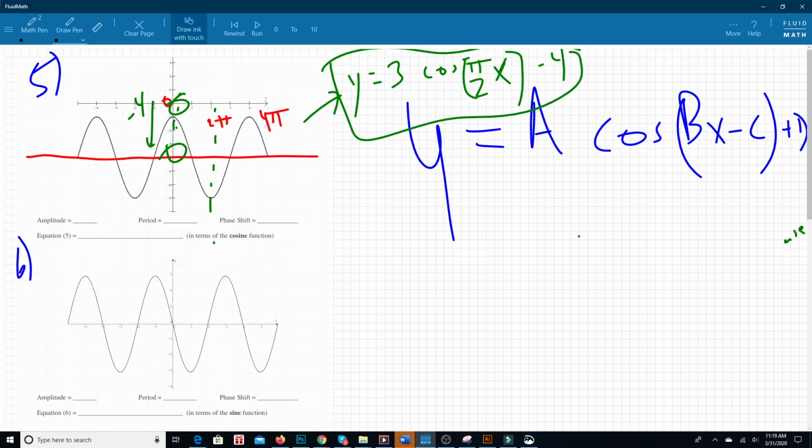I mean, the amplitude is from here to here. The amplitude is going to be 3. So in this case, it's going to be 3, right? This is going to be 3.